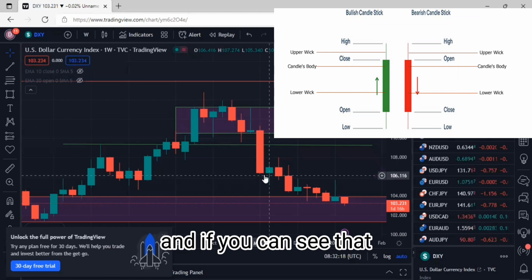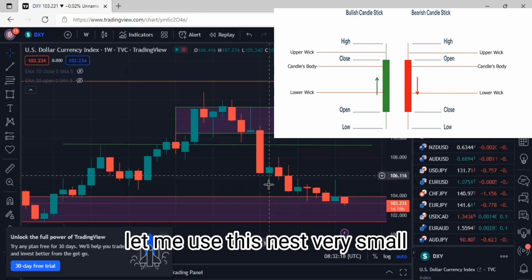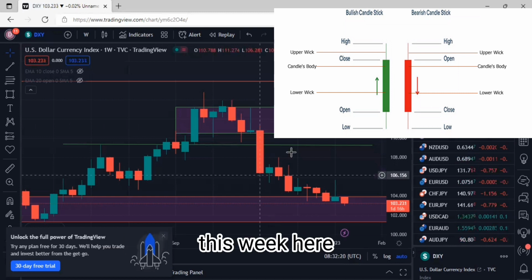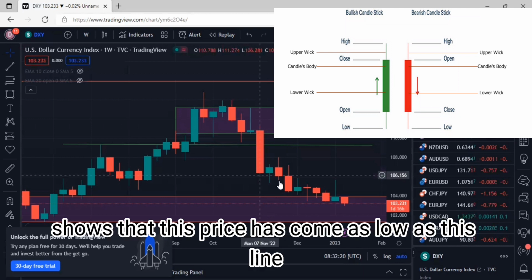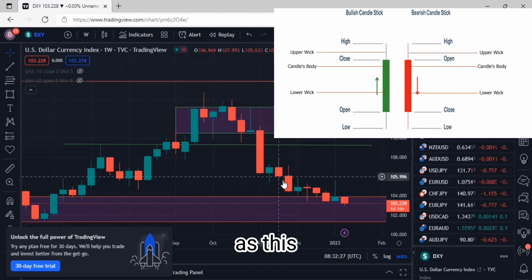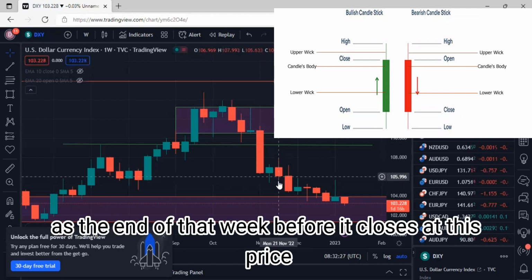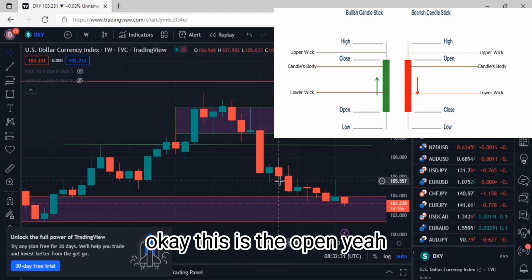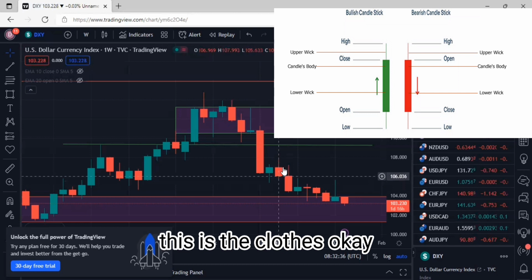You can see this wick here shows that the price has come as low as the end of that wick before it closes at this price. This is the open here, this is the close.